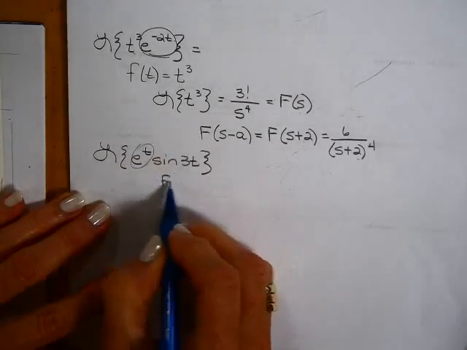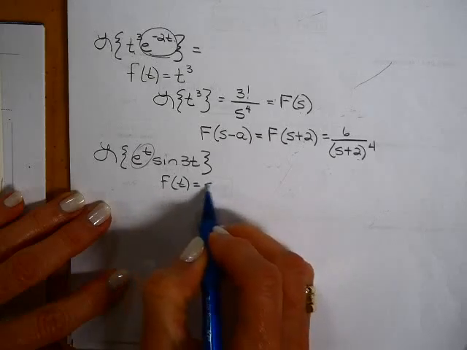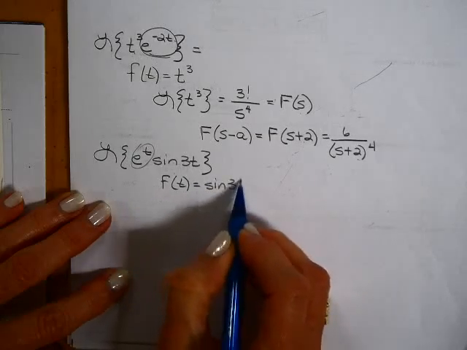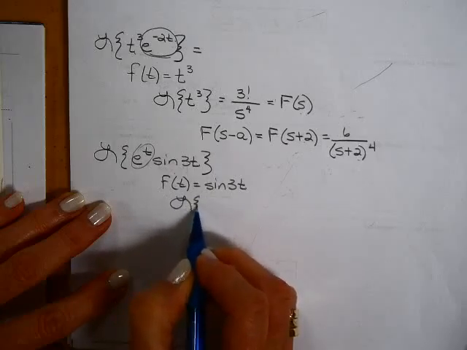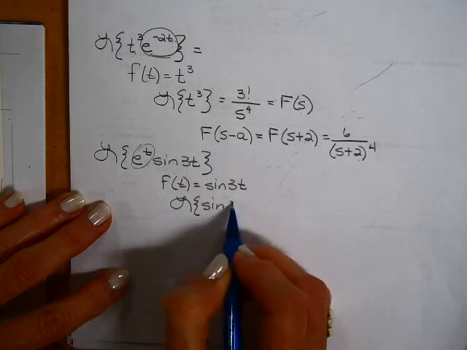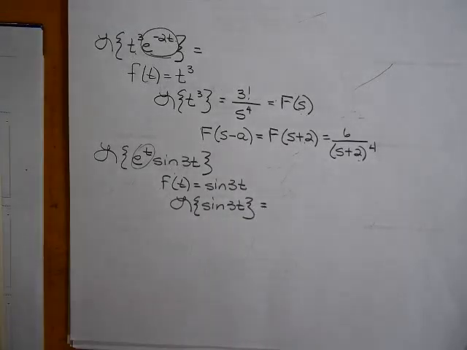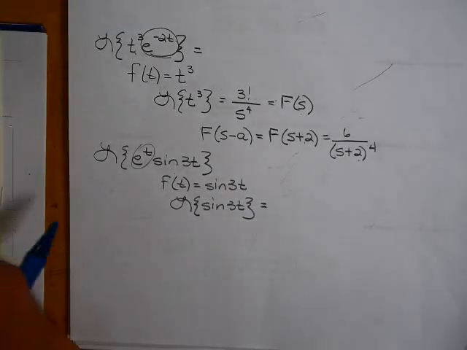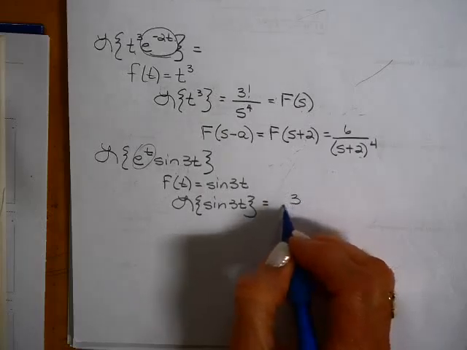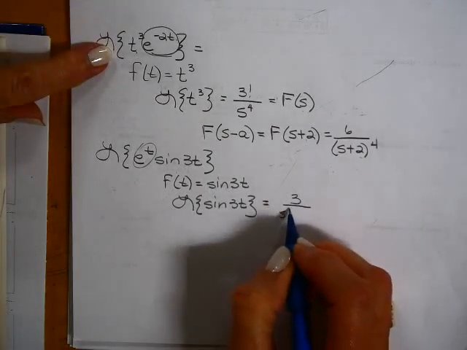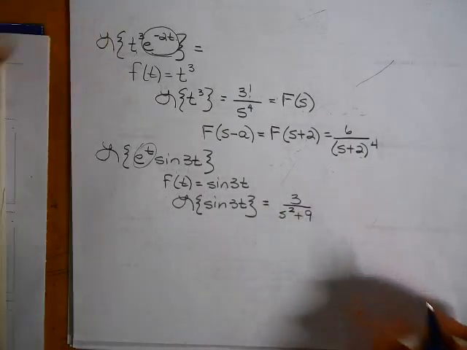This is your f of t. So your f of t is the sine of 3t. You take the Laplace transform of the sine of 3t, just using your table, which I think is 3 over s squared plus 9, right.